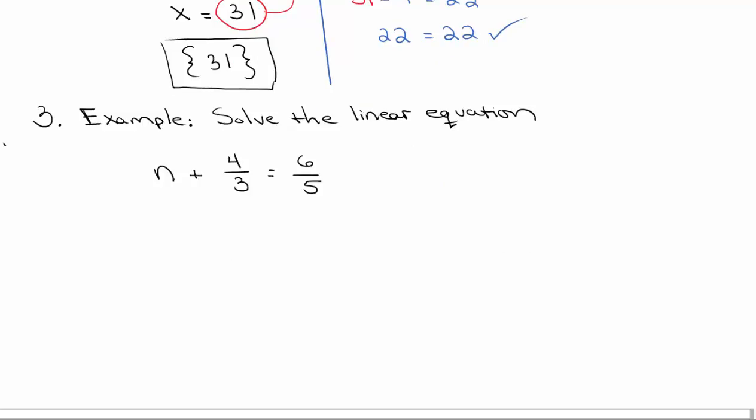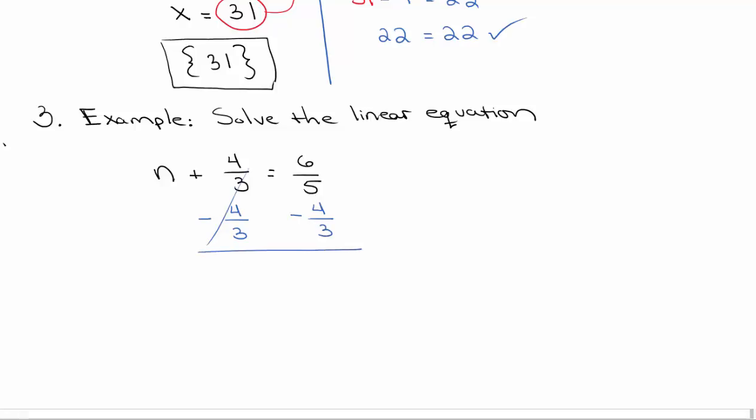So I want to isolate the n. That means I need to figure out what's being done to the n. I'm adding 4/3 to the n. The opposite of adding 4/3 is subtracting 4/3. So I'm going to subtract 4/3 from both sides of the equation.